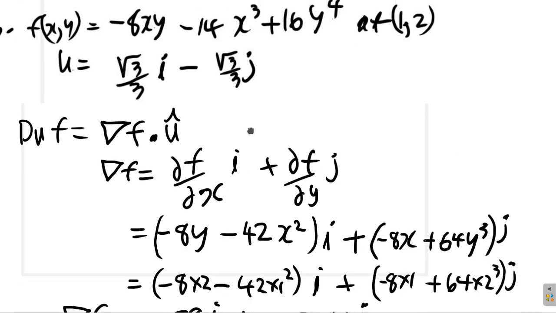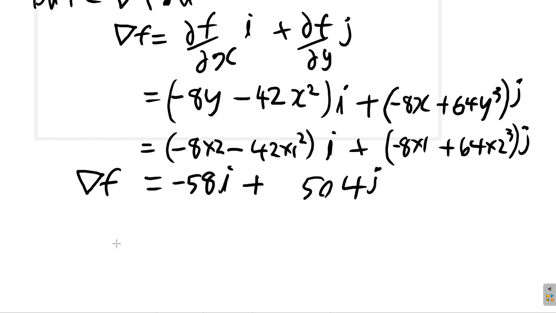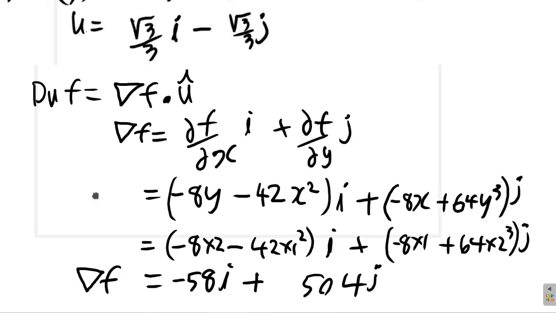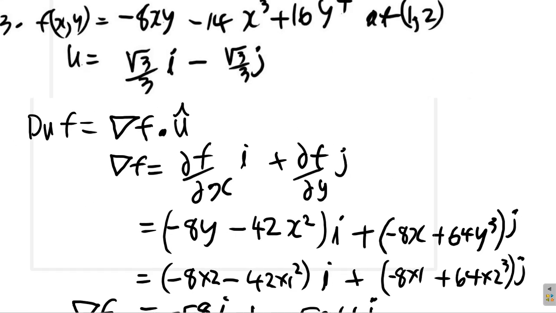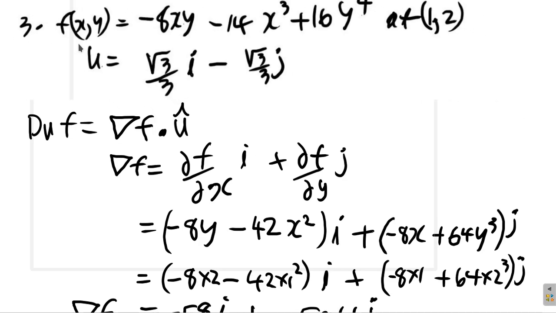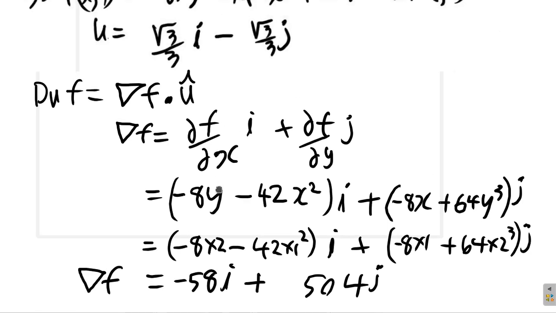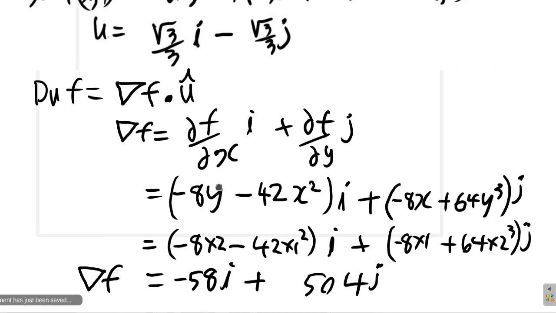Now what's the unit vector? First of all, let me just copy it and put it down here instead of writing it again. Oh no, I forgot I had copied this as an image. It's not like I can just copy it like that. I didn't write it here.